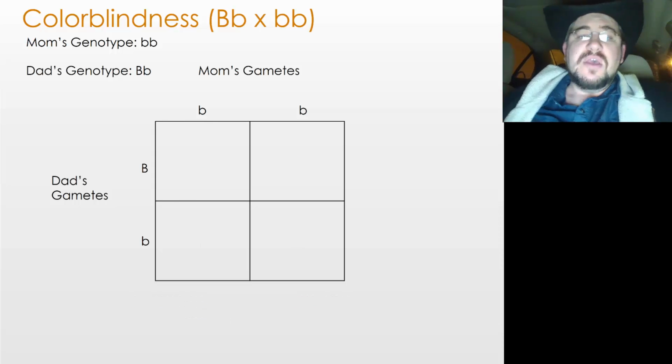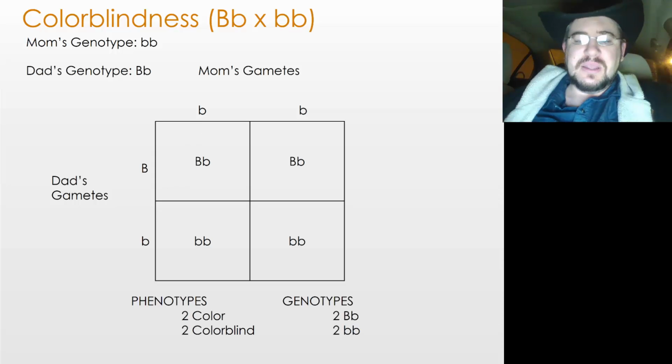All right, how about our other one? What ratios for when it's a heterozygous dad times a colorblind mom? Here we go. Boom, heterozygous. Oh, homozygous recessive. There's someone colorblind. Okay, so we see a 50-50 ratio, right?